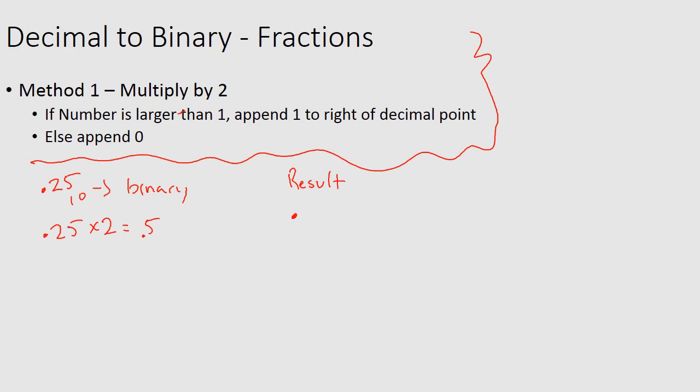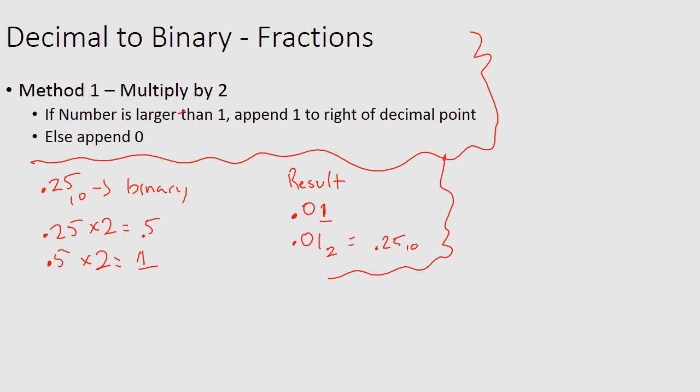Because 0.5 is not larger than 1, we append a 0 to the right of the decimal point. And then we take that and we repeat the process, 0.5 times 2. And what we see is that it is 1. Perfect. We append a 1. And our result is 0.01 in binary, which is equivalent to 0.25 in decimal.